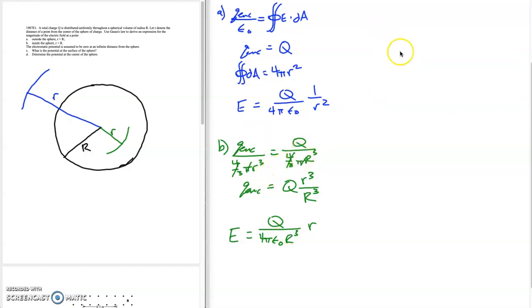All right, part C and D. For part C, what is the potential at the surface of the sphere? Now, they tell us the electrostatic potential is assumed to be 0 at infinity. So you go really far away, and they tell us that the electric potential is 0 at r really big.